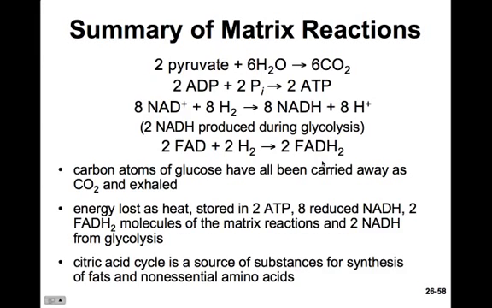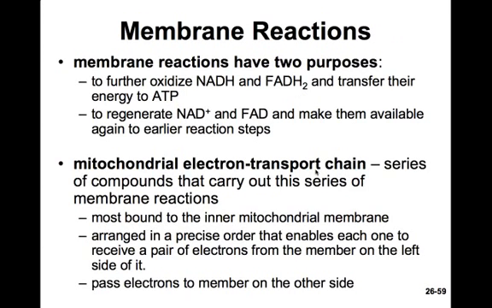Note where the carbons are removed, where electrons and hydrogens are removed, where ATP is made. So following the matrix reactions, we've got a lot of NADH and FADH2 carrying electrons towards the electron transport chain. We've released a little bit of ATP and we've oxidized all the carbons.